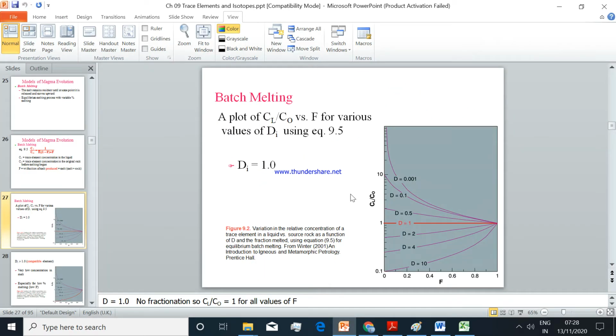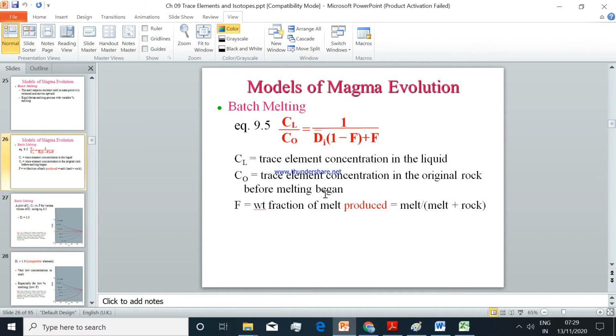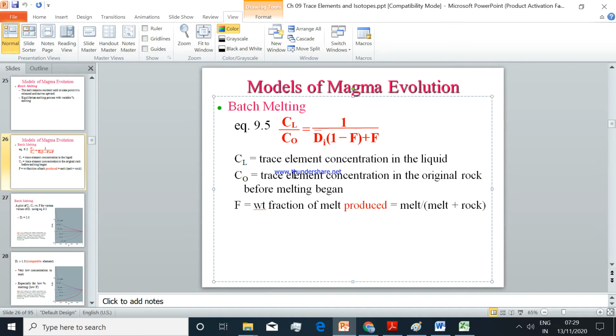On the other hand, in case of partial melting, or batch melting, which is a chapter from John Winter, we consider the trace element concentration in the liquid which is being separated and the trace element concentration before the melting began.